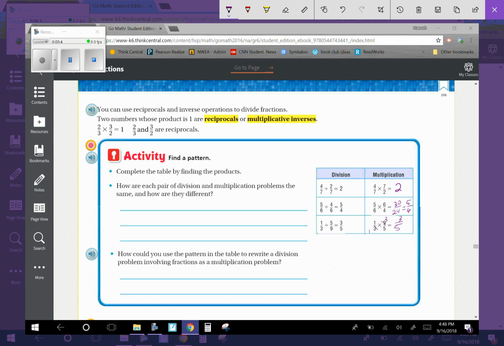So how are each pair of division and multiplication problems the same, and how are they different? The first fractions and the answers in each pair are the same. So the answers are the same. The second fraction in each pair are reciprocals of each other.